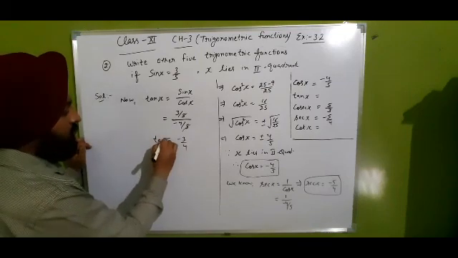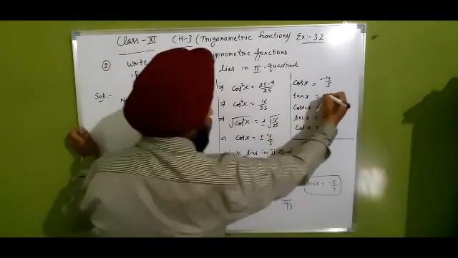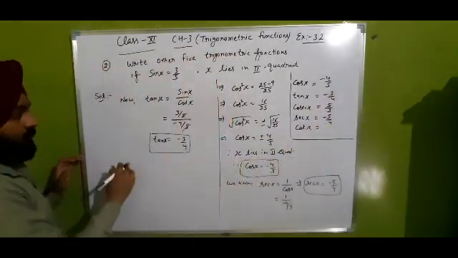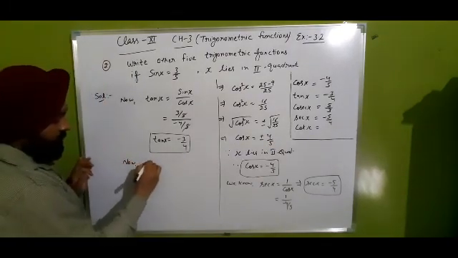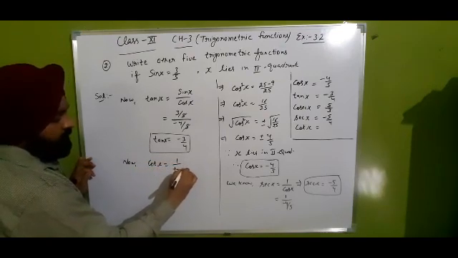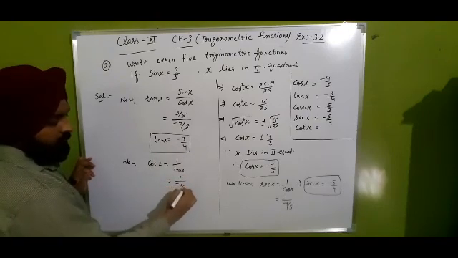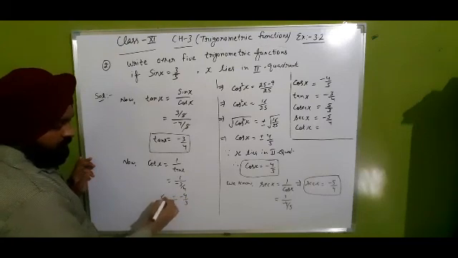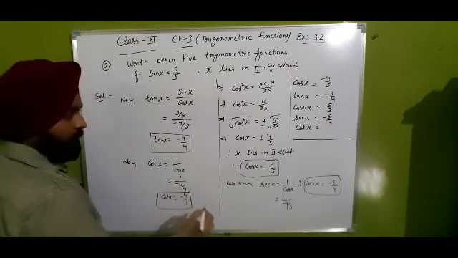So the tan x value is equal to minus 3 by 4. So right here tan x is equal to minus 3 upon 4. Now what is left? That is cot x. Now cot x is a reciprocal of tan x. So put the value of tan x, minus 3 upon 4. In the next step it will be minus 4 upon 3. So cot x equals minus 4 upon 3.